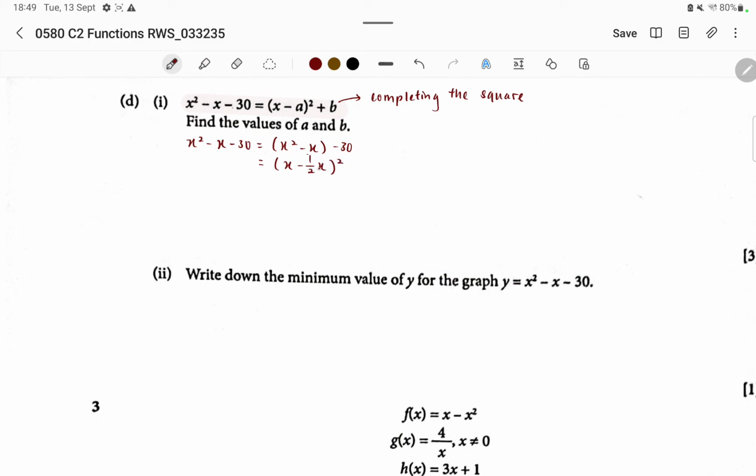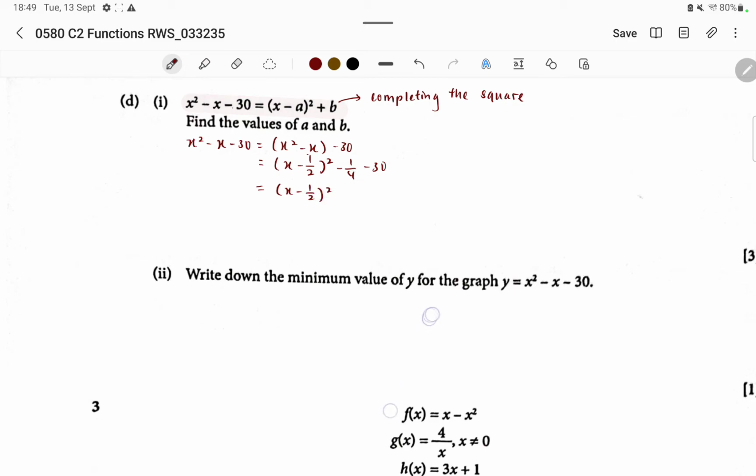And then after that, you need to minus the square of, remove the x, straight away 1 over 2, minus the square of this number. So this one you should get 1 over 4 lah. And then minus 30 again. Simplify it. x minus 1 over 2 square.